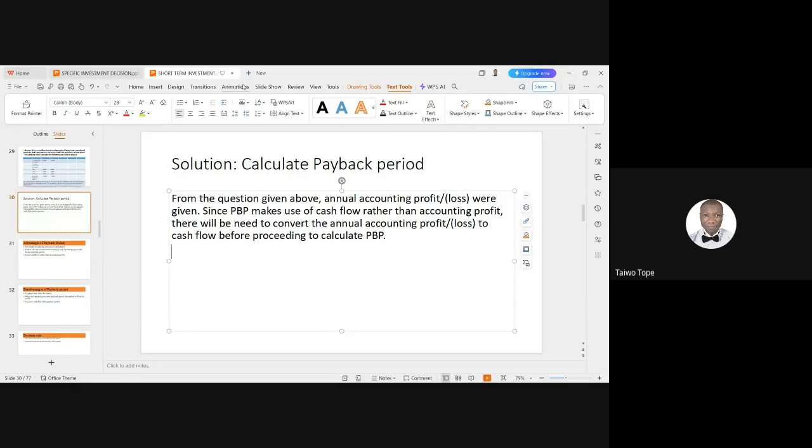So, converting accounting profits or loss into cash flow. What are we going to do? You need to calculate your annual depreciation.